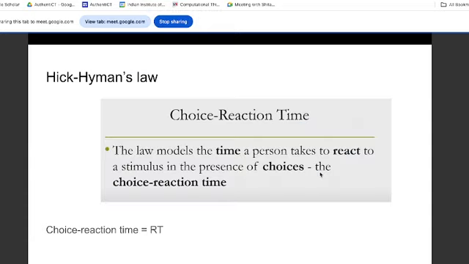Okay, moving ahead. The last law that we will talk about today is Hick-Hyman's law. Initially, as a recap, we talked about the KLM model, the keystroke level model. It talks about the physical, motor, mental, and system actions that we perform, and is used to calculate the total execution time.